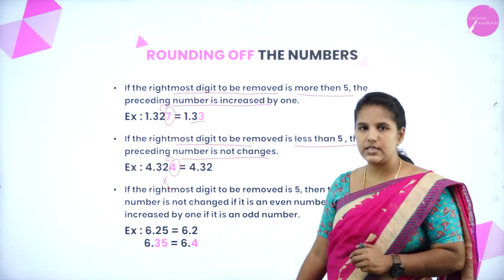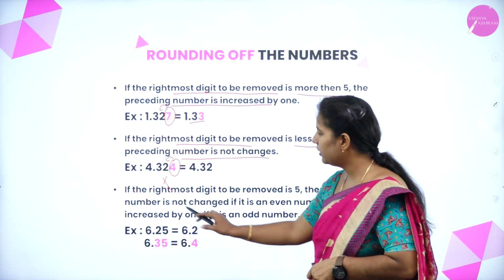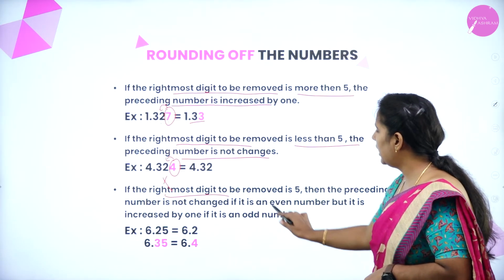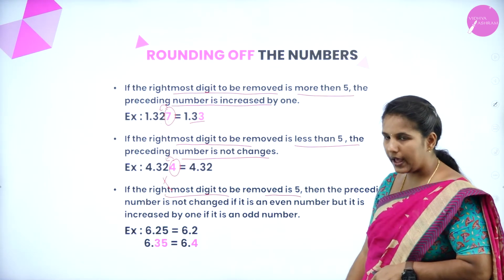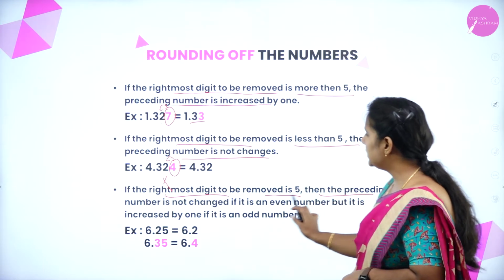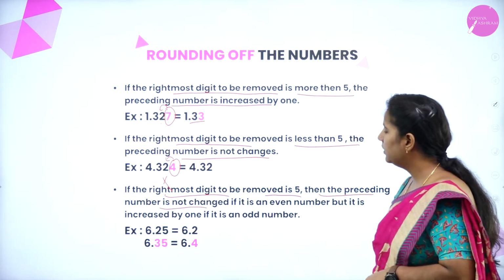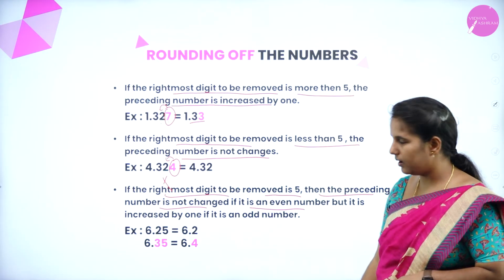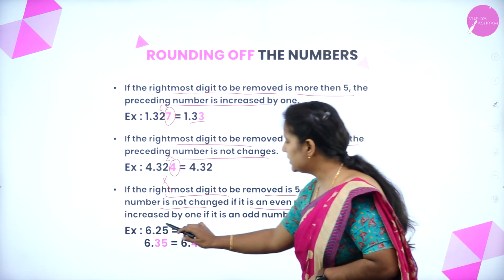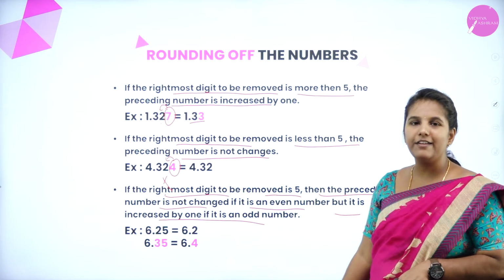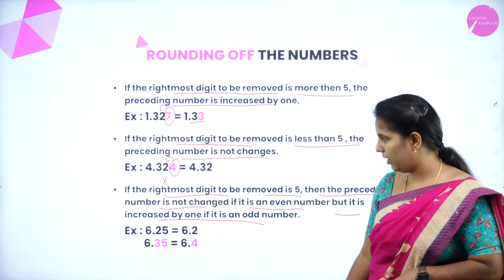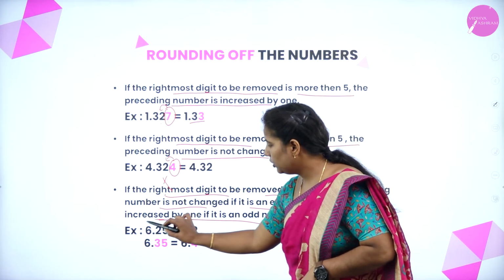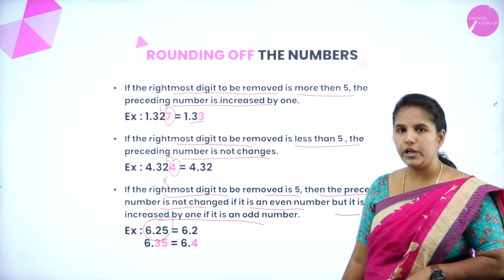The third rule says that if the rightmost digit removed is 5, then the preceding number is not changed if it is an even number, but it is increased by 1 if it is an odd number. So imagine you are taking the number 6.25.